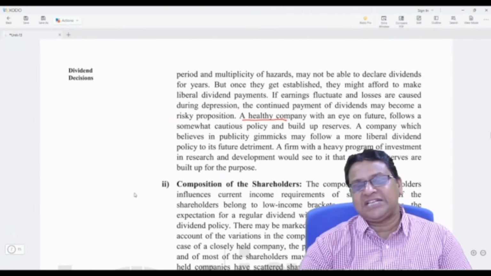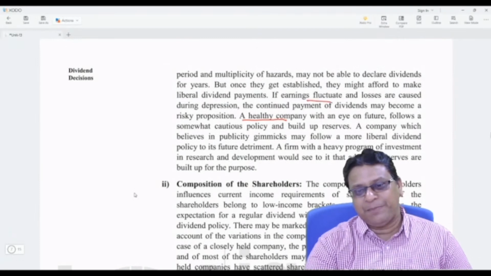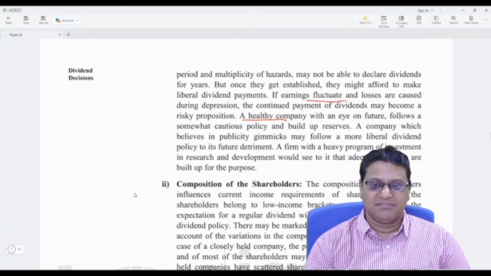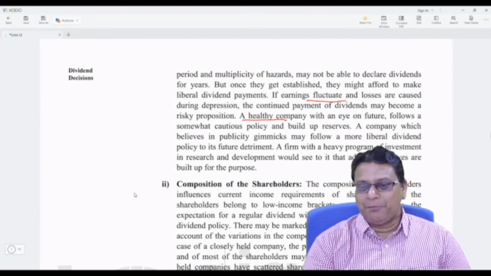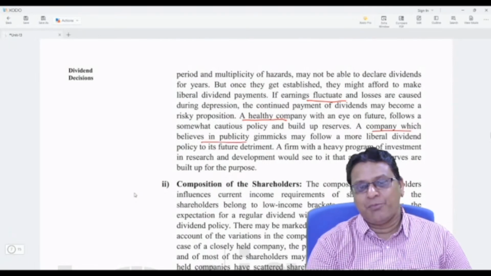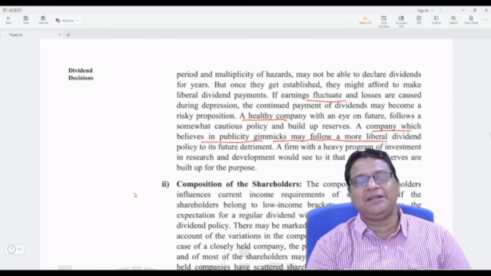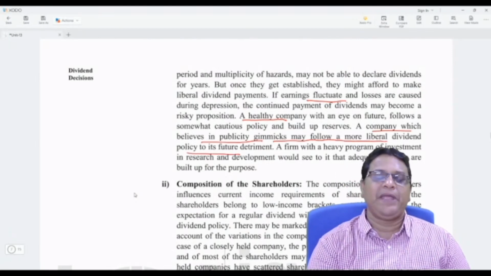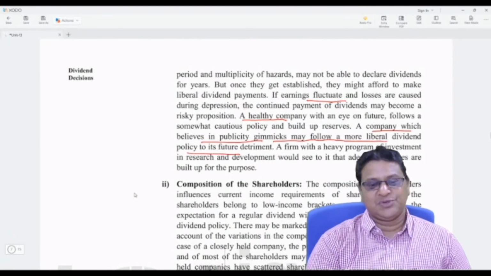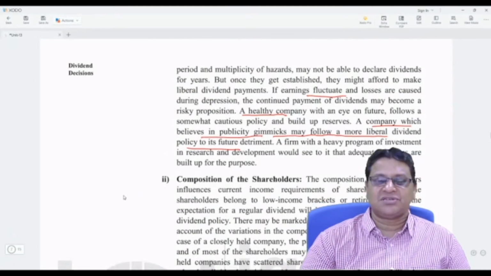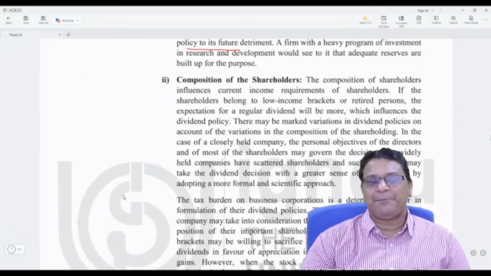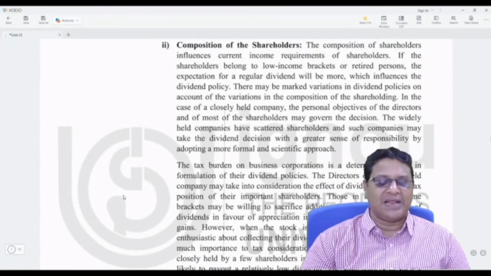If your earnings fluctuate more, you can pay less dividend. Then a company which believes in public gimmick by following a more liberal dividend policy will pay more dividend. So these are some of the internal factors which affect the dividend policy of the organization.